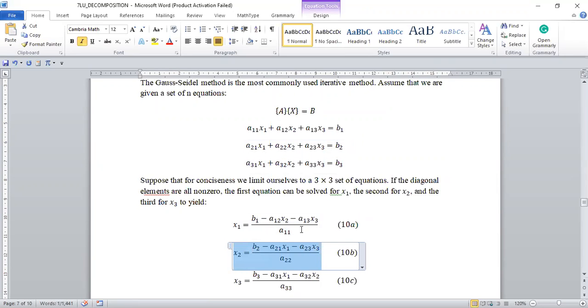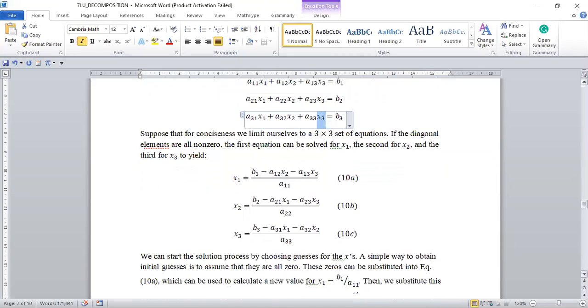Then for the third equation, you make x3 the subject of the formula, and you arrive at the last equation. So given your set of equations, you make x1 the subject using equation 1, x2 the subject using equation 2, and x3 the subject using equation 3.